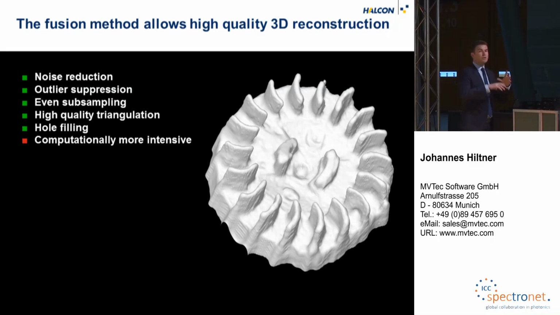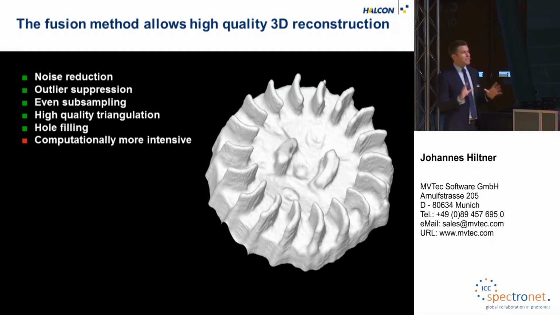When you take a look at 3D reconstruction point clouds, there's always the problem of noisy data, outliers flying around somewhere in the 3D space. There's an even subsampling now, hole filling, and also high quality triangulation. This is just a very simple example of combining 3 cameras to do high precision, high quality 3D reconstruction.